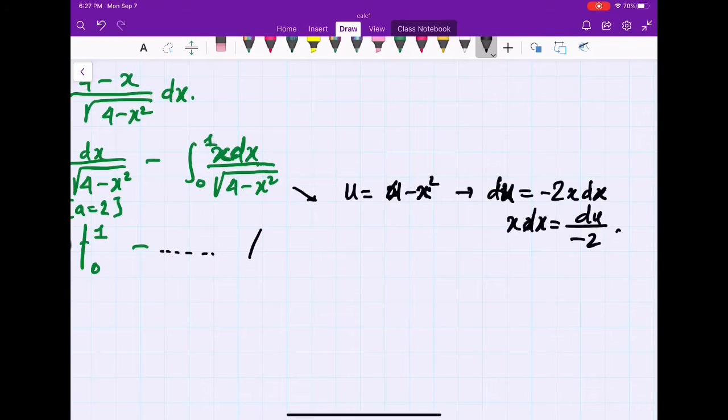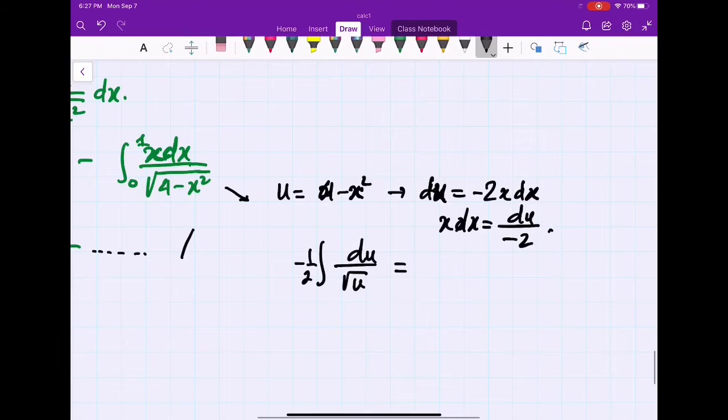So I just need to find the antiderivative first, okay? So I rewrite my integral as negative 1 over 2 du over square root of u, and that is negative 1 over 2 u to the negative 1 over 2 du, because you rewrite the square root as power 1 over 2.